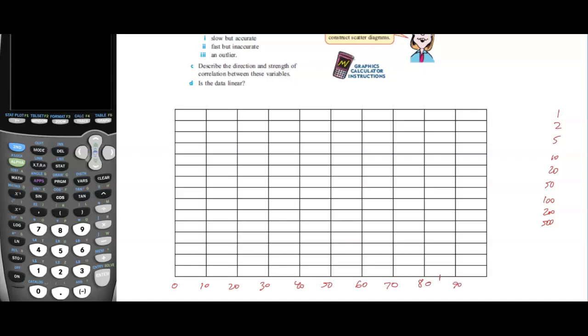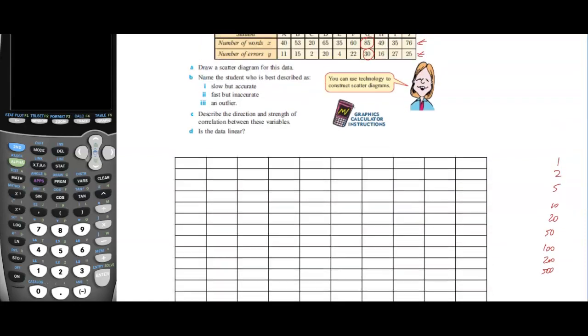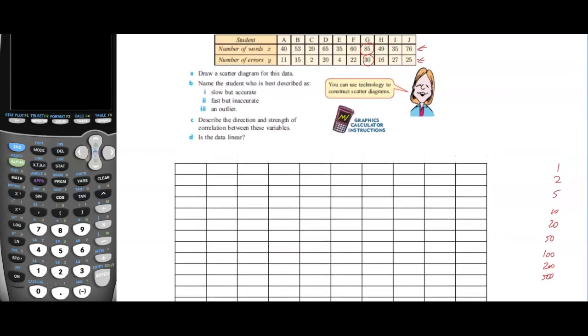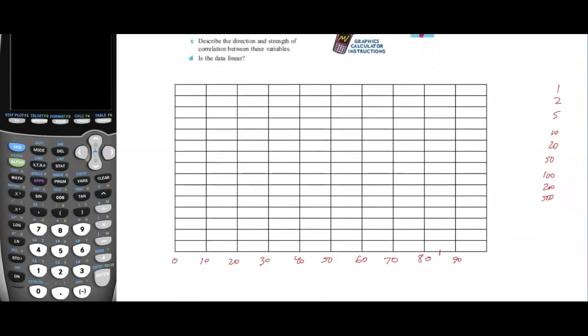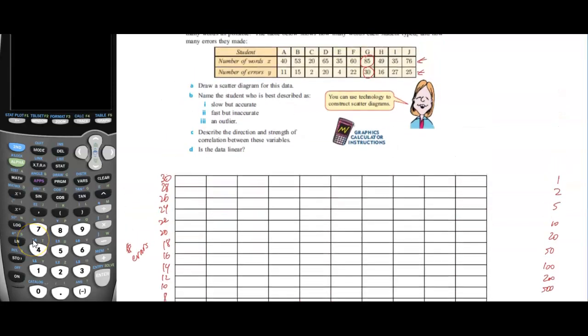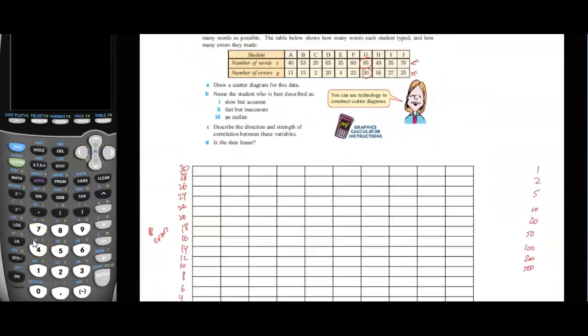Yeah, it fits. So 85 would be right there, right? And then in the y direction, I can count up to 30. Looks like I might be able to count by 2s, maybe? Okay, now we can start graphing these points.